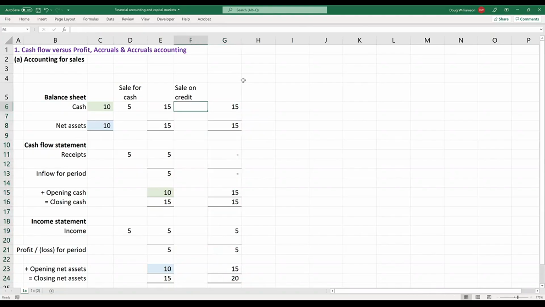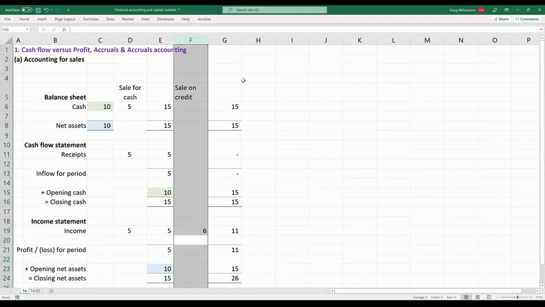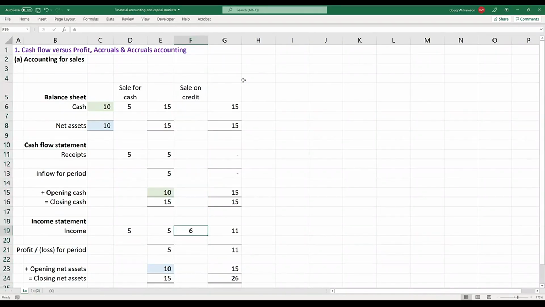So the credit sale, let's say this is 6, will not be cash, but let's go first of all to the income statement. We are earning another 6. So we've made sales of 6, but we've told the customer, pay us when you can, or pay us in 30 days, more realistically.